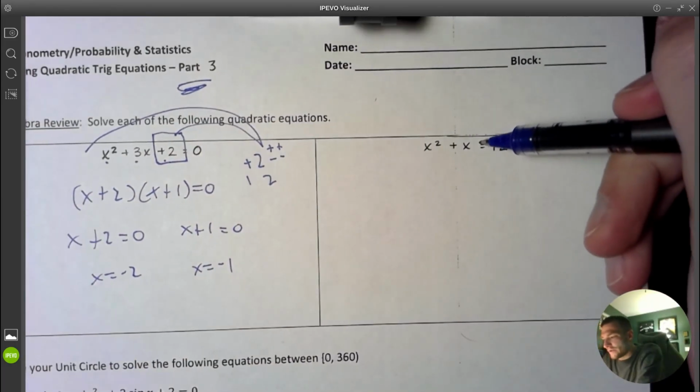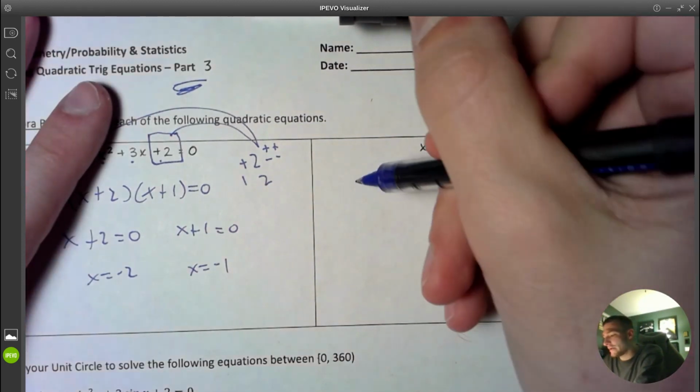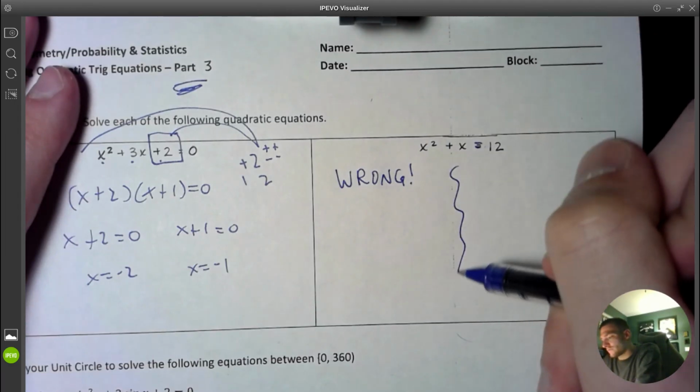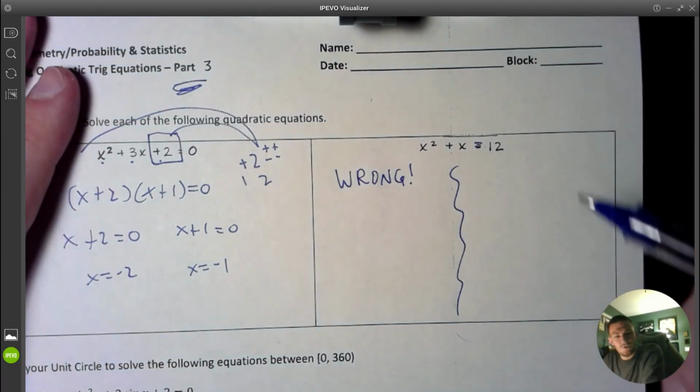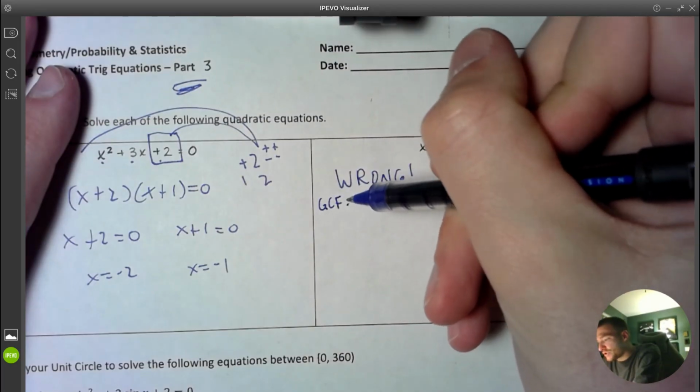Over here, we have equals 12. I told you that I would warn you about this, so let me show you this, okay? Students will do this. They will say, GCF?